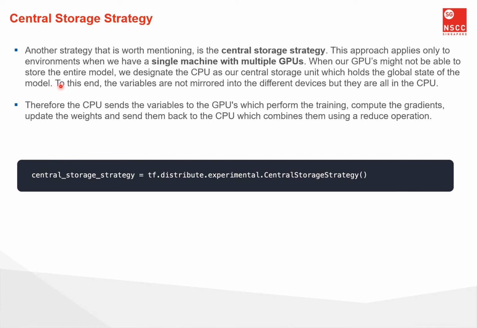So this is different from the mirror strategy, because in the mirror strategy, we actually have a replica of the model running on each of the GPUs. So we make use of the GPU memory, and therefore the communication is minimized between the GPUs. Here, the communication is centralized at the server, at the CPU.